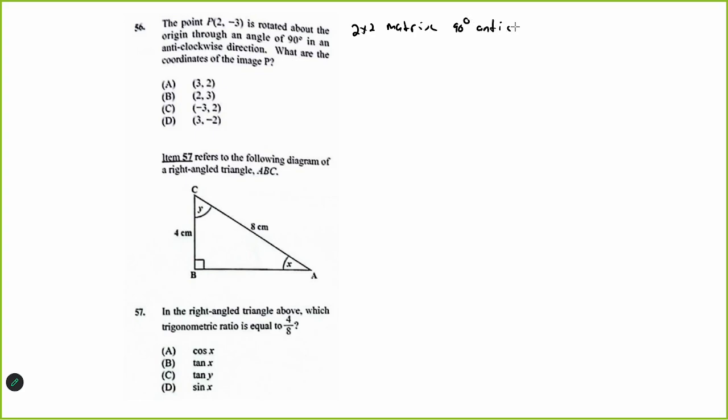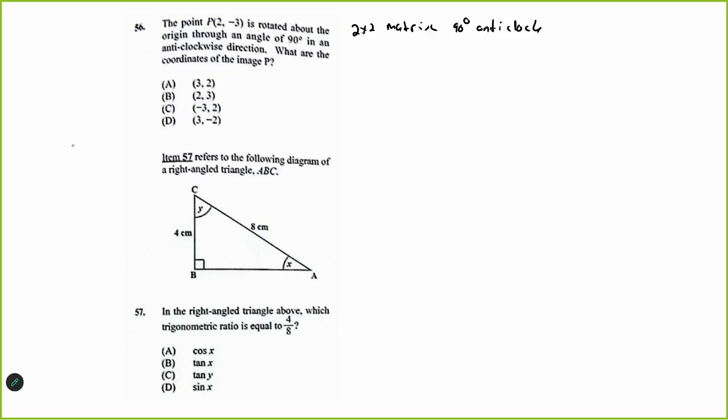Once you know that, you take that matrix and multiply it by 2 on top, negative 3 at the bottom, and the answer you'll get would be the coordinates of your image. What we should know is the 2 by 2 matrix for 90 degrees anti-clockwise is also known as 270 degrees clockwise. So once you know that, you should be good.